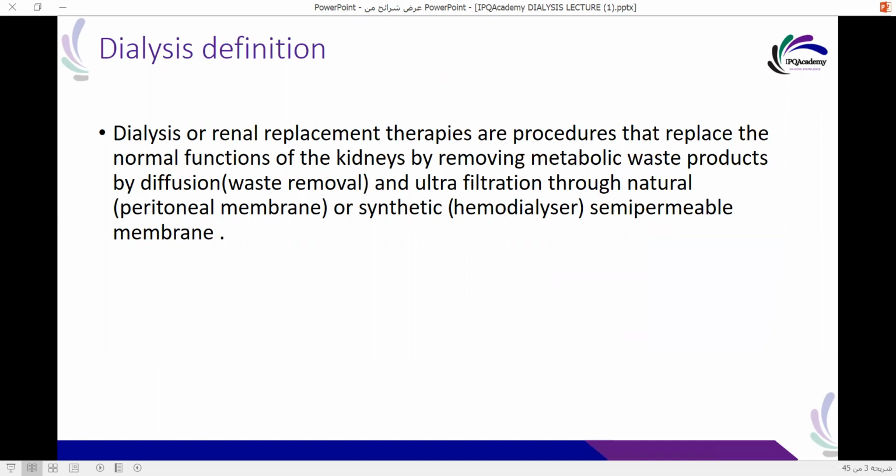This semi-permeable membrane may be natural, as in peritoneal dialysis, where the membrane is the peritoneal membrane, or synthetic, as the hemodialyzer used in hemodialysis.